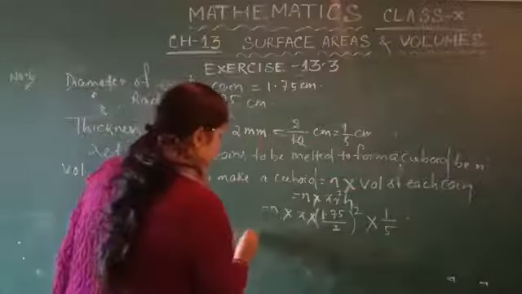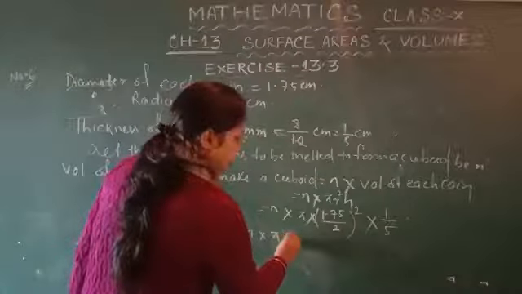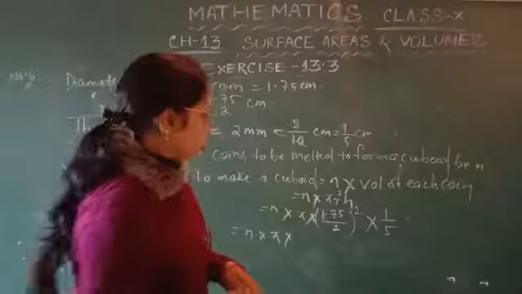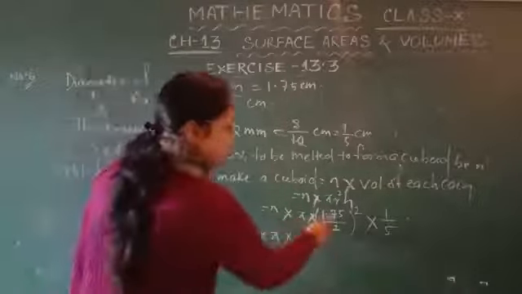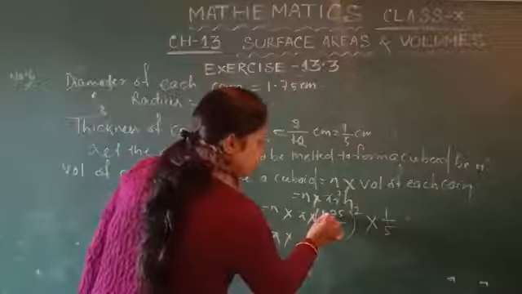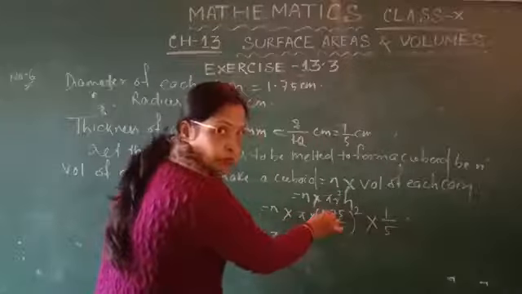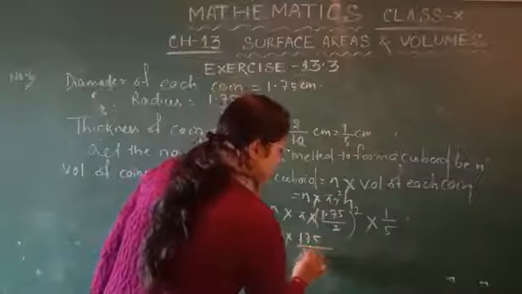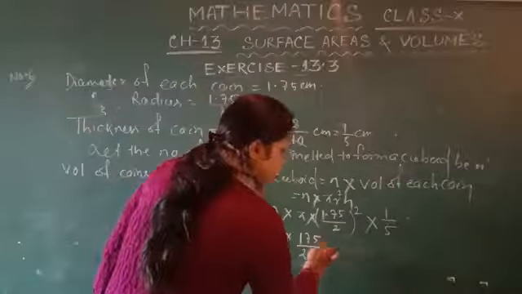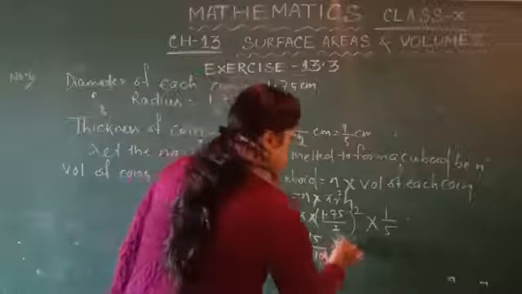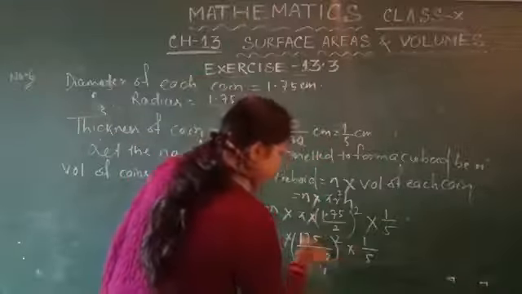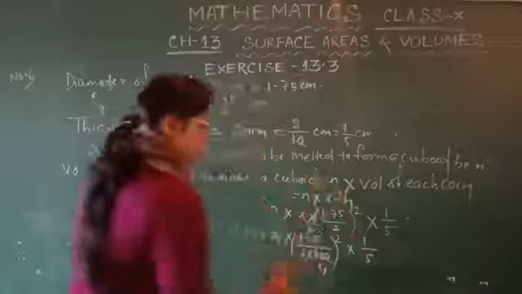centimeter. Now it is n into pi into 1.75. Here you remove the decimal point, so it will be 175 upon 2 into 100, then square, into 1 upon 5. Now 25 4, 25 7.